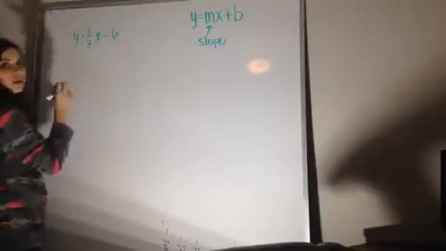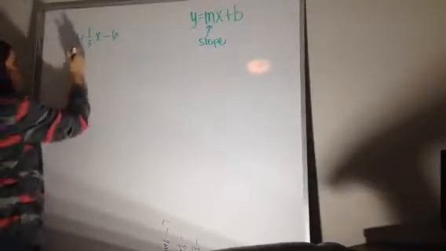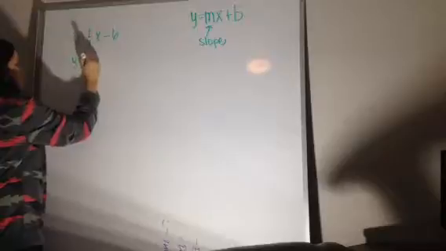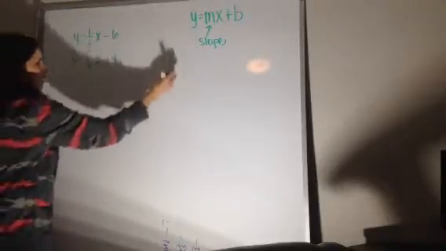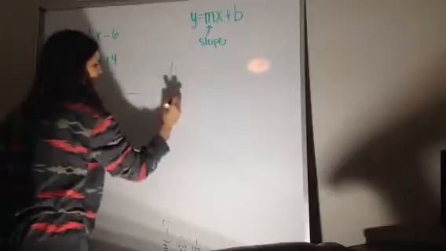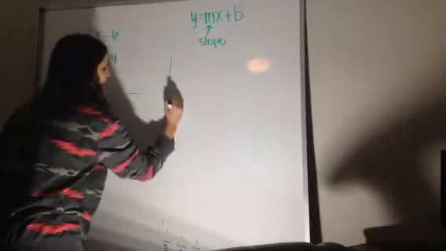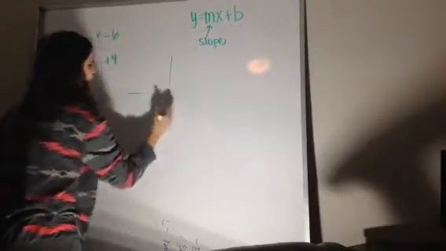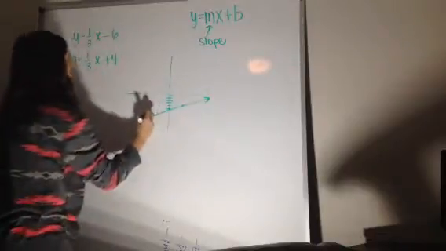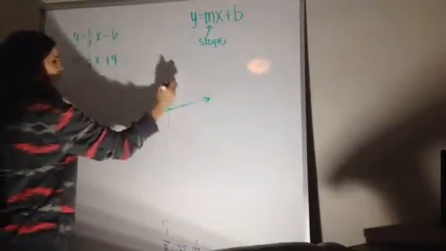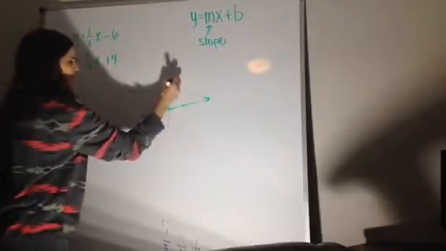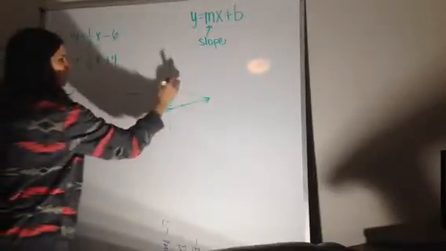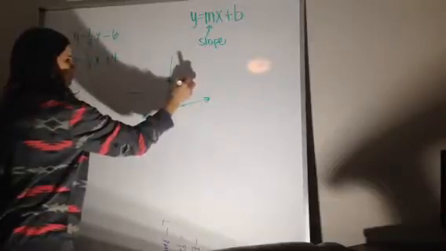So I'm just going to make up another equation where it's y equals 1/3 x plus 4. So I'm going to go down 6 and then up 1/3. Okay, there's 1, and then I'm going to go up 4, and then up 1/3. So I start at 4 for my y-intercept, up 1, 2, 3.